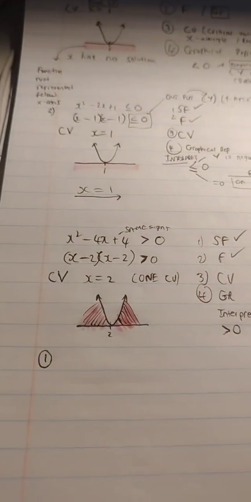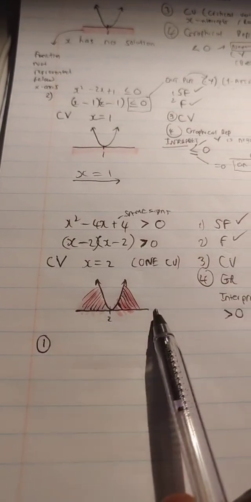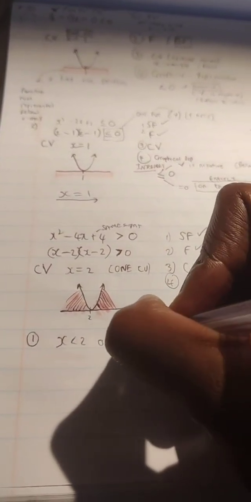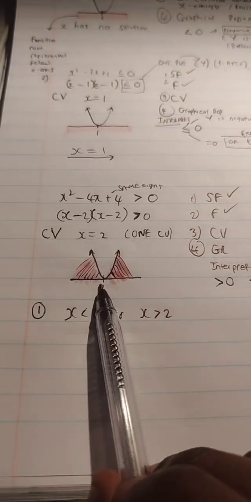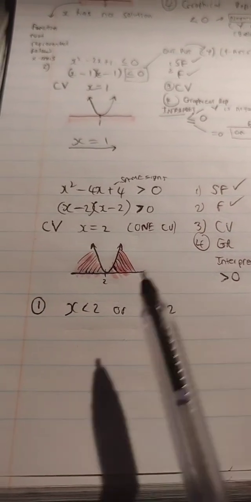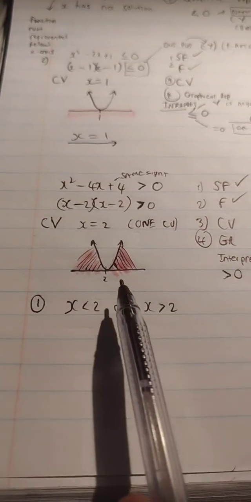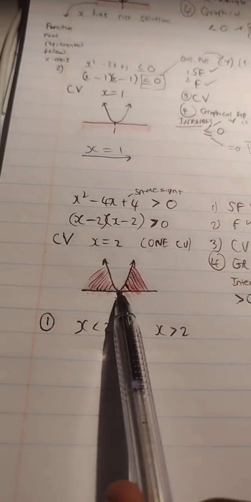Let me show you the various ways you could write your answer here. We can either write x is less than 2 or x is greater than 2. This would be an acceptable answer to write. We did not put the equal sign because we are only looking at above, not on the x-axis.